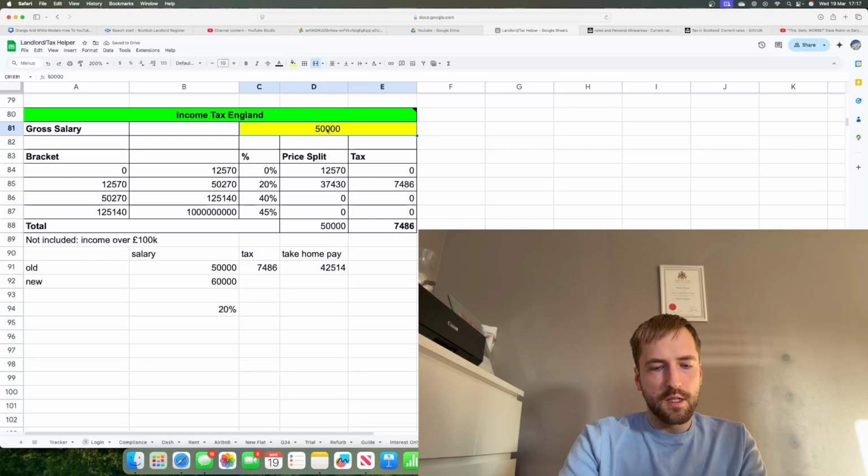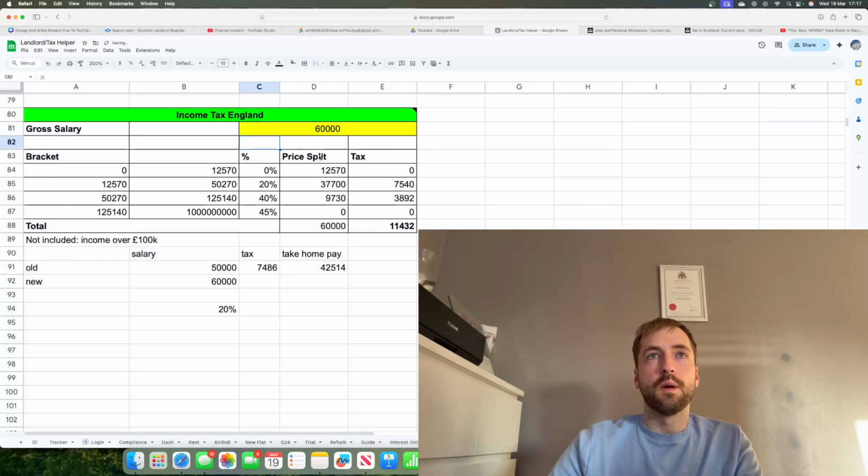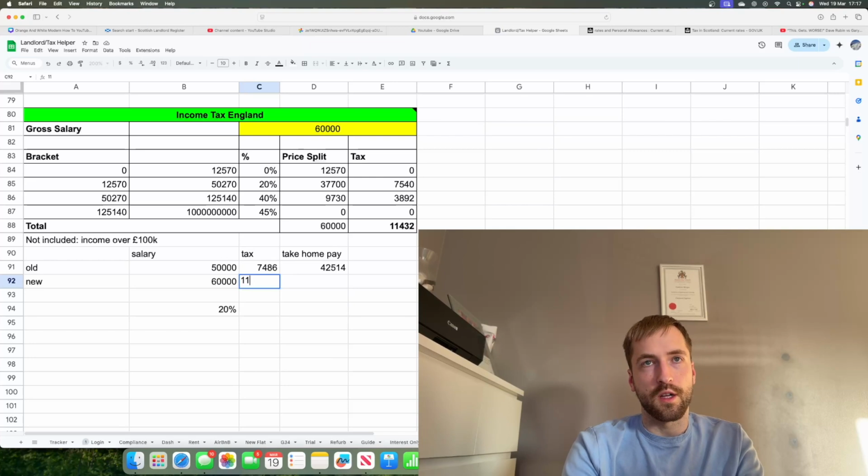If you're making £60,000, remember that you now have breached the 40% bracket. You are earning more than 50,270, so the remainder will be taxed at 40%. What that means is that your tax liability now increases to £11,432.